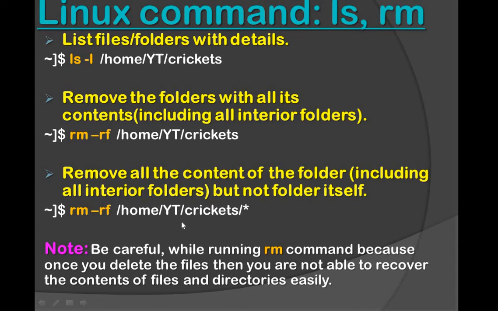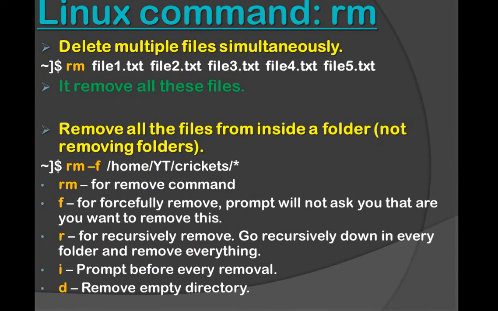So guys, let's move to the next thing. The next thing is deleting multiple files simultaneously. How do we delete multiple files simultaneously? For that we also use the rm command.